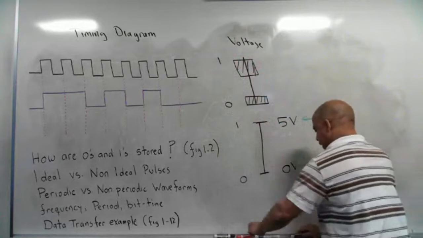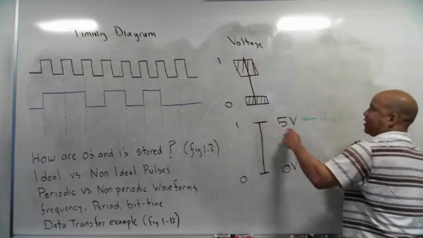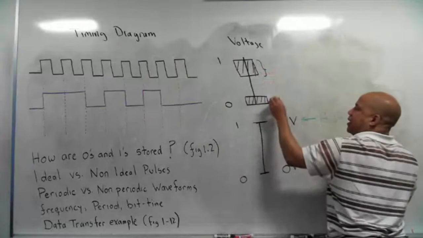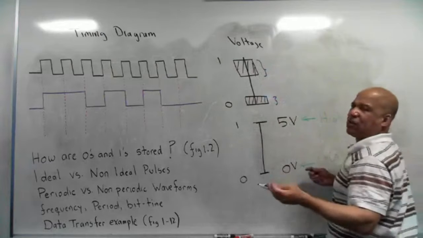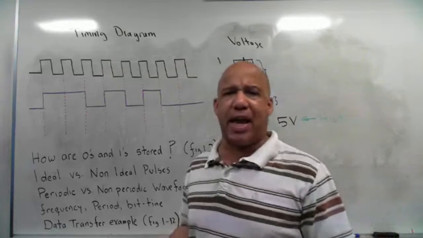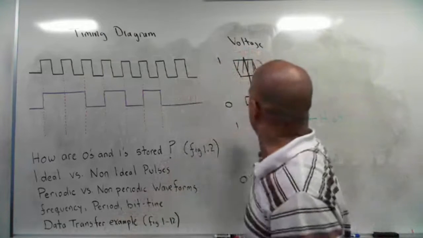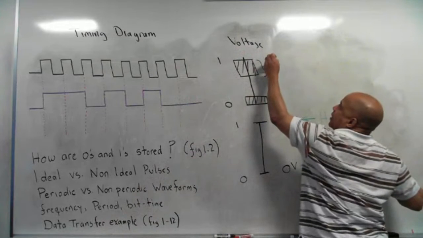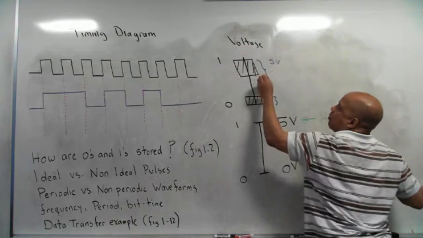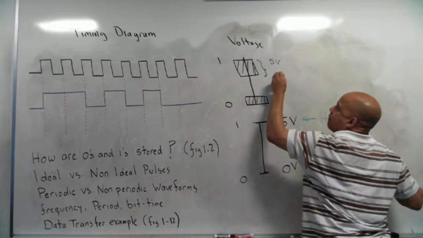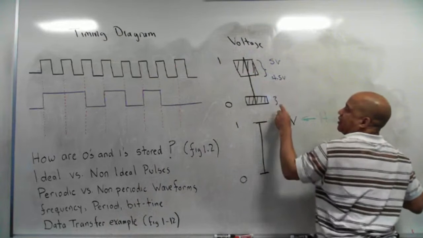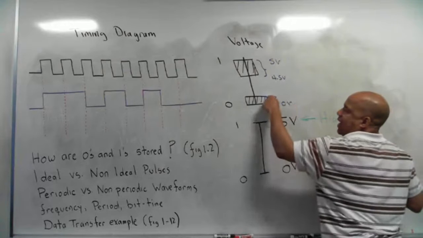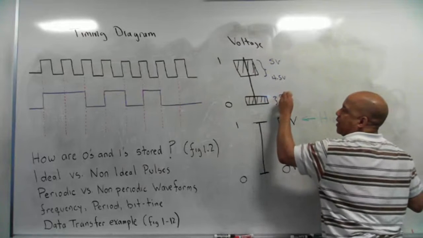So instead of having exactly 5 volts, you actually have this range here and here. I don't know exactly what the numbers are, there's a diagram on Canvas you can look at, but let's just say that maybe the high value is 5 volts and the low value here might be 4.5 volts. And then the low value might be 0 volts, and the high value here might be 0.8 volts.